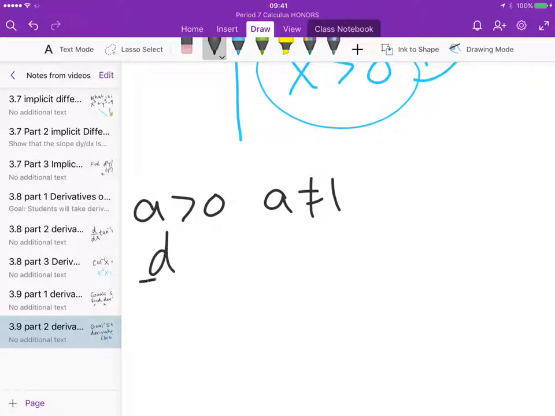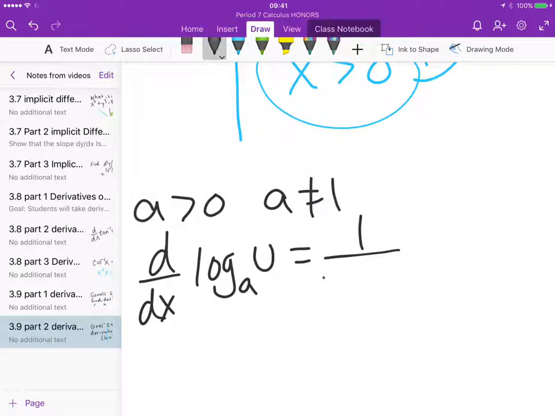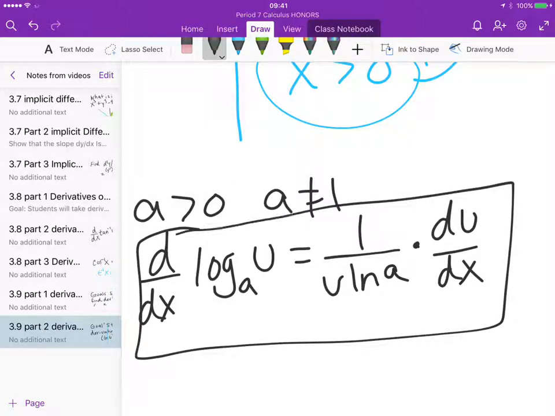The derivative of log base a of the function is equal to 1 over whatever that u is times the natural log of the base, multiplied by the derivative of that u. Okay, so here is our formula rule.